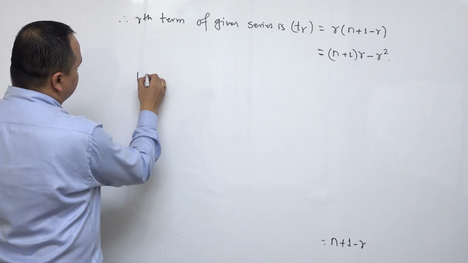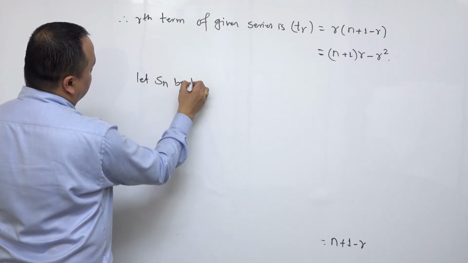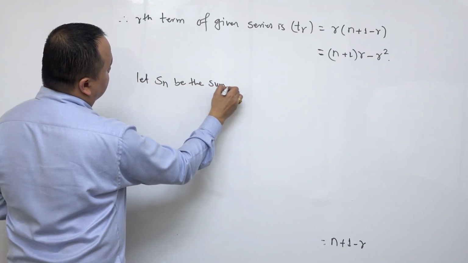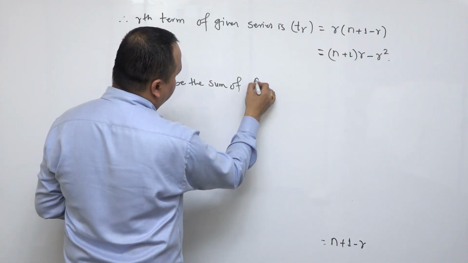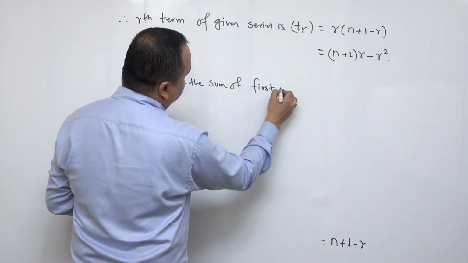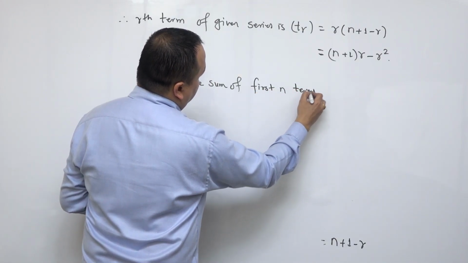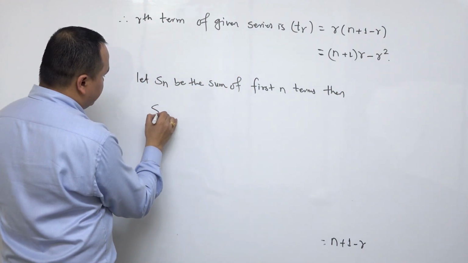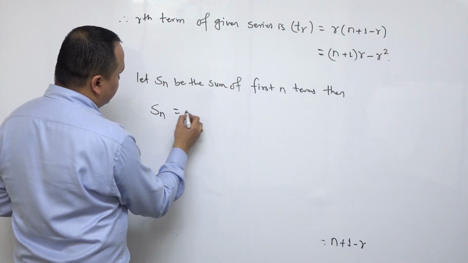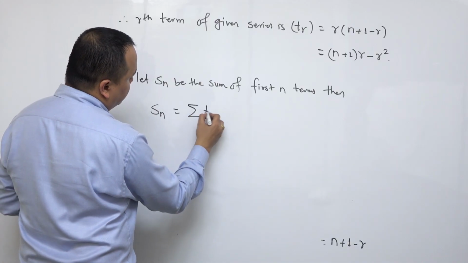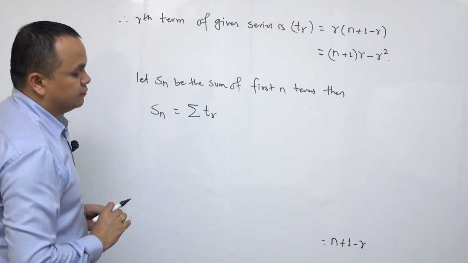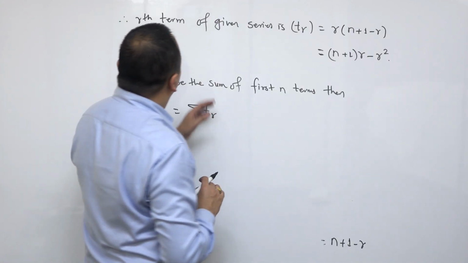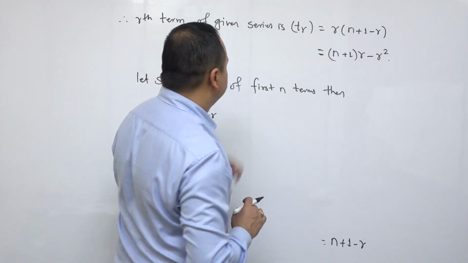Let Sn be the sum of first n terms, then Sn is equal to sigma Tr, because our general term is Tr.